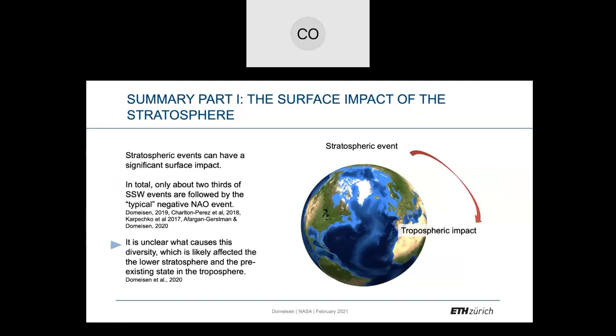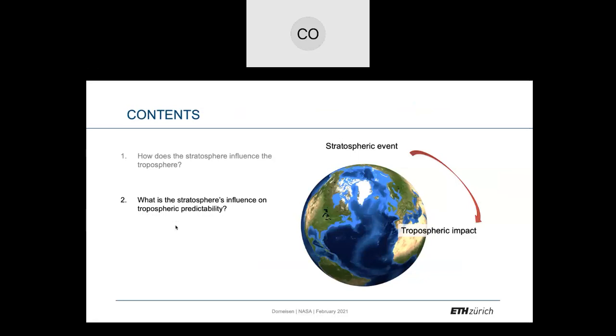We don't fully understand why particular events have a downward impact, and we also can't really predict that. So that's going to be part 2: can we actually predict the stratosphere's influence on tropospheric predictability?